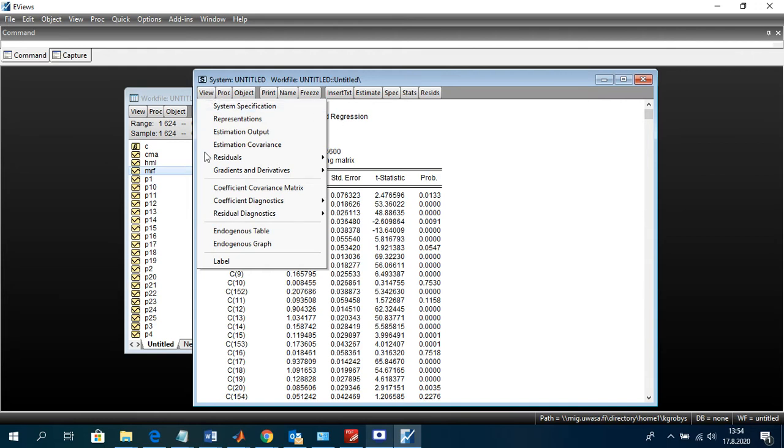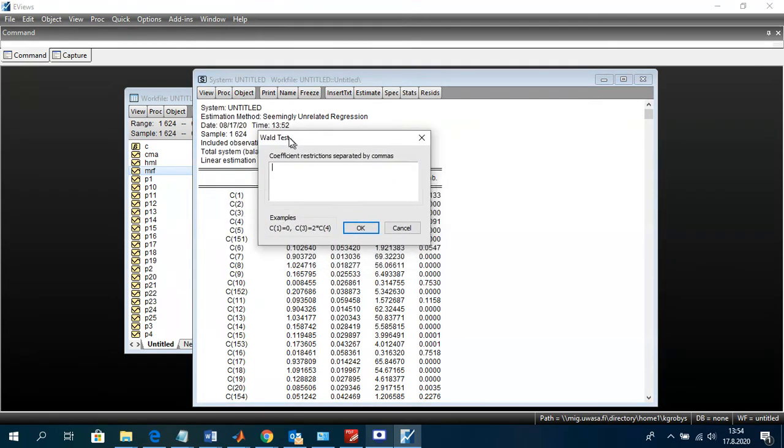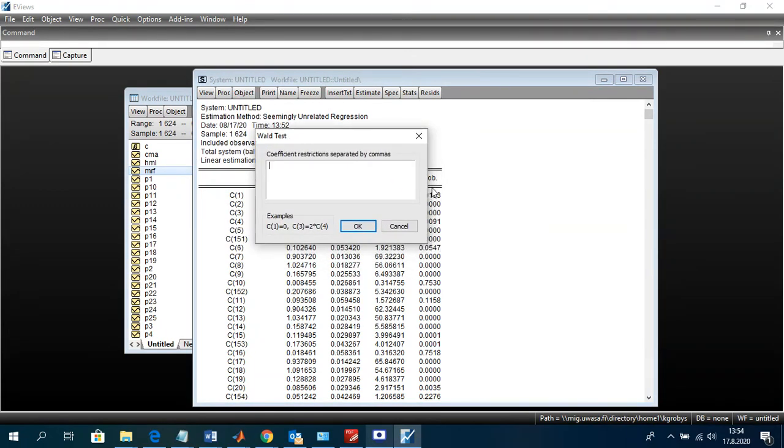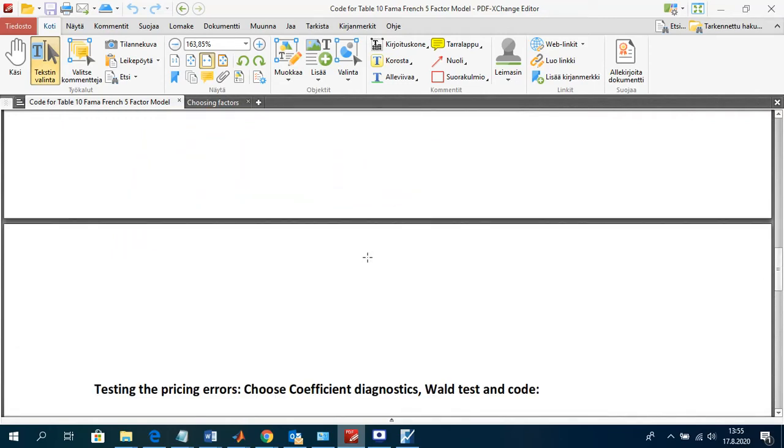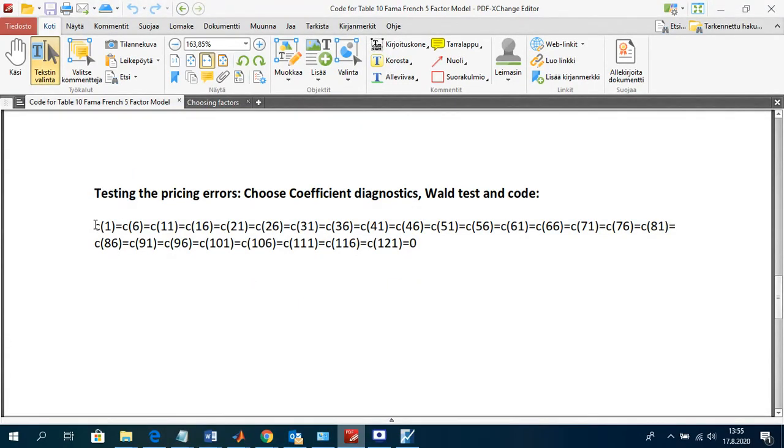So we go on View, Coefficient Diagnostics, Wald Coefficient Test. And here, in this field, we have to plug in the coefficient restriction that we test. It's given here in this code. It's basically C1 equal to C6 equal to C11 and so on until C121.